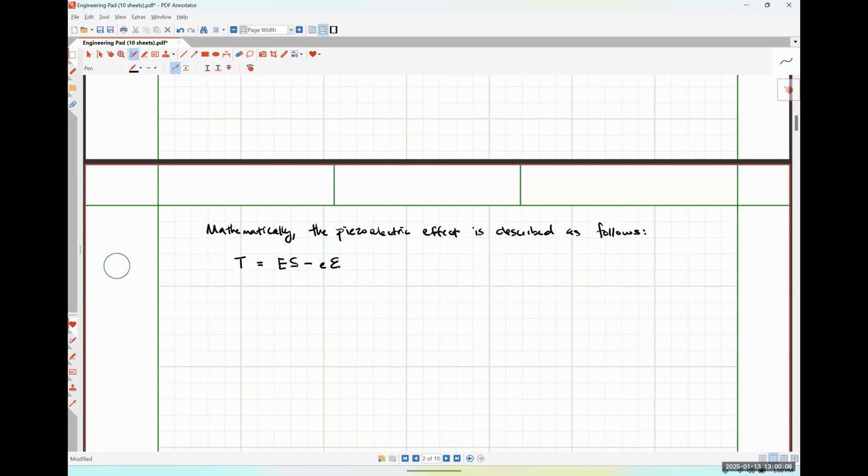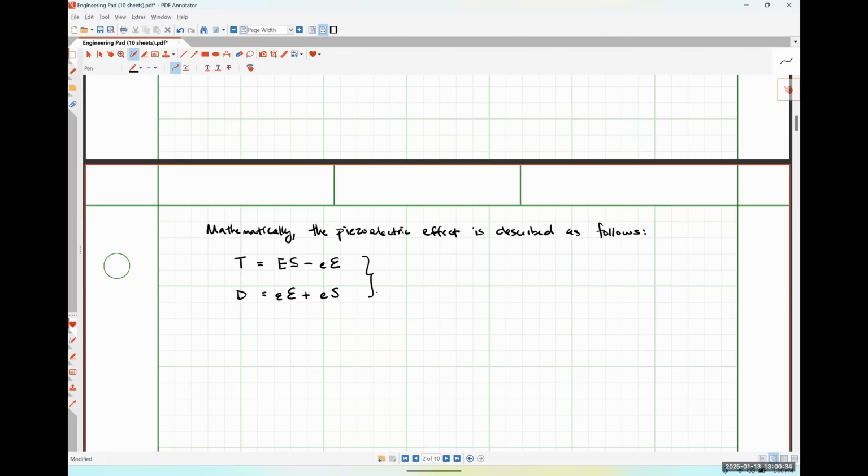Before I do that though, let's take another look at things. So D is epsilon, another E looking thing, capital script E plus lowercase e capital S, okay?